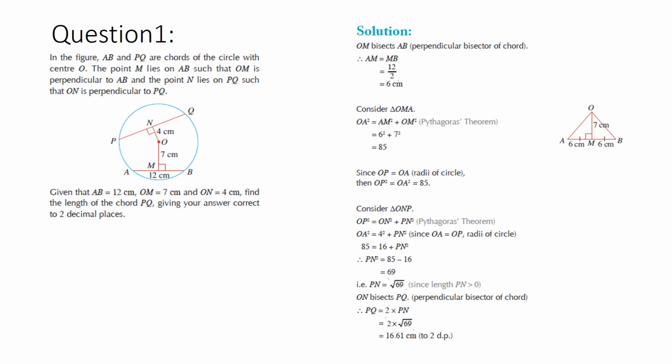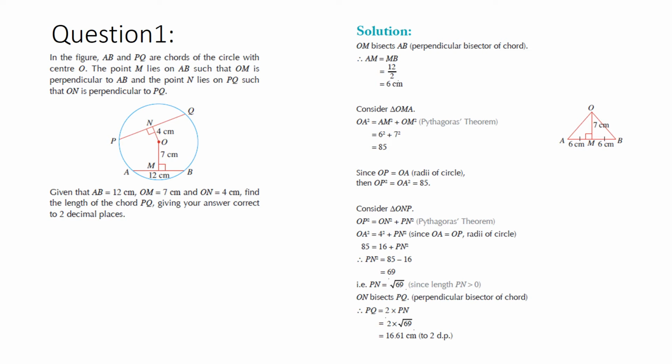Since OP equals to OA, they both are the radius of the same circle, therefore the length OP will be equals to length OA. OP square will be equals to OA square will be equals to 85 now.